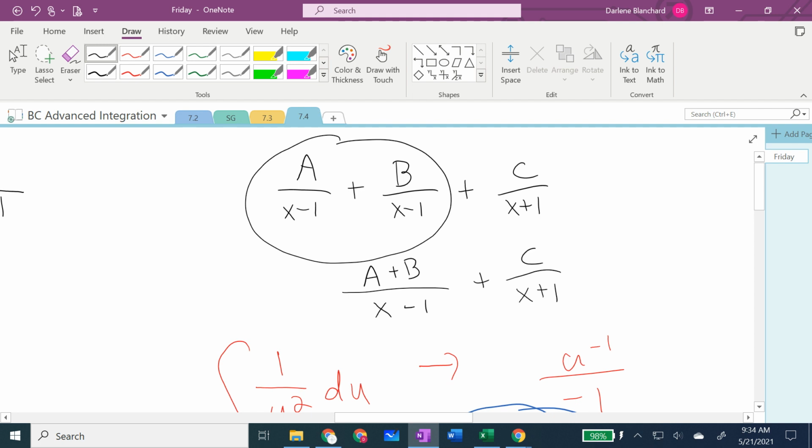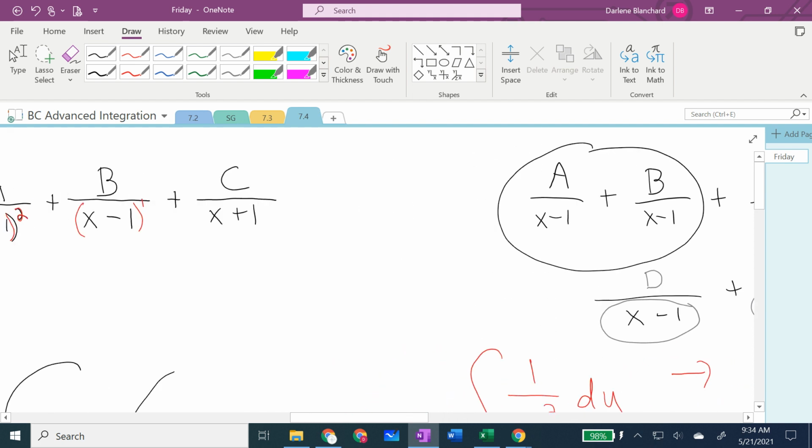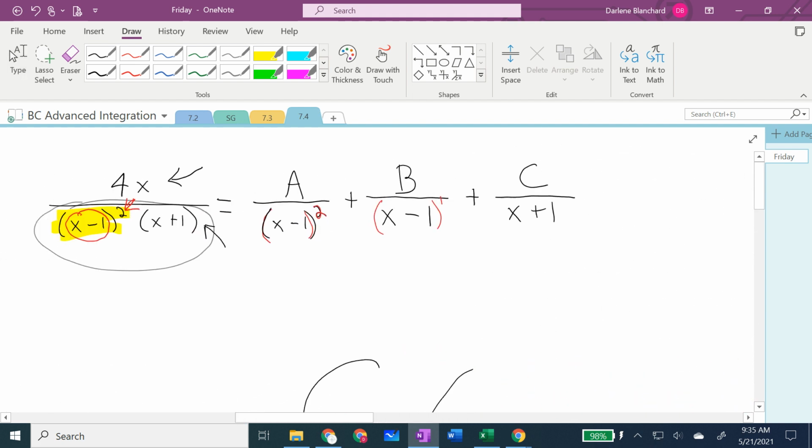A plus b, if a and b are both constants, then this is itself just a constant, and let's call it d. And now all I have is just those two, and it's not enough to create this.